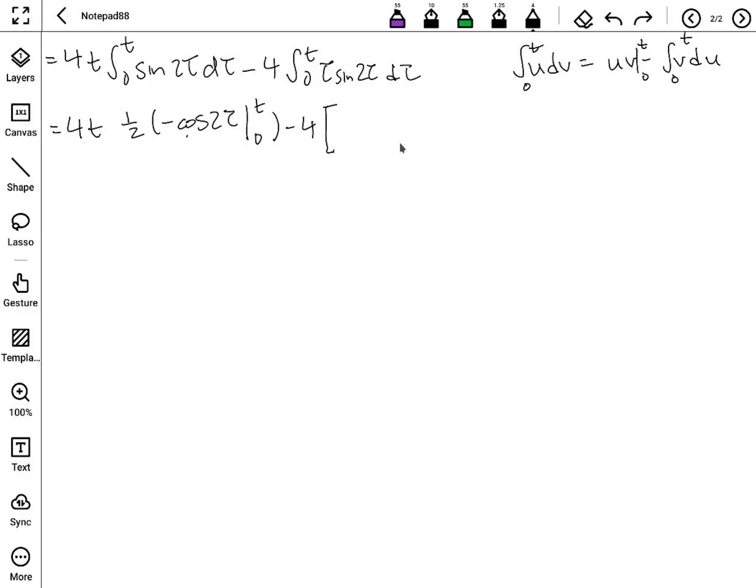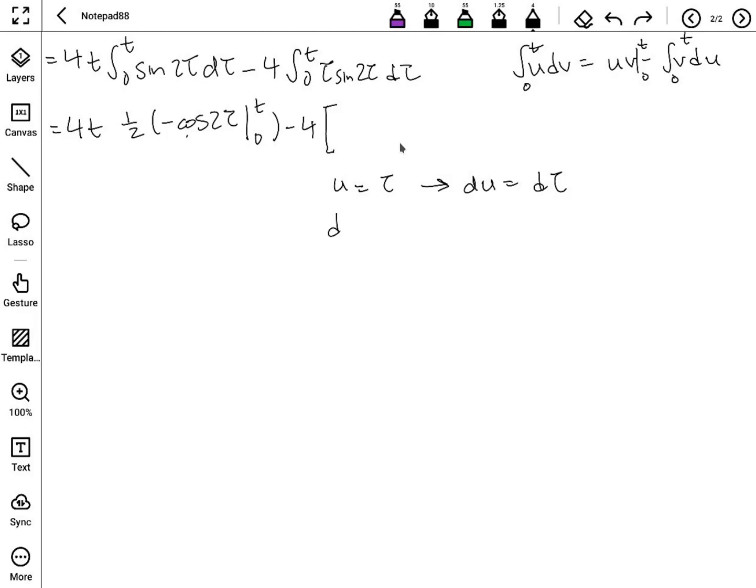And in this case, what I would like to do is take my u equal to tau, because that means my du is d tau. So the tau times sine is the thing that's causing me trouble to integrate. I'd like to integrate without the tau.